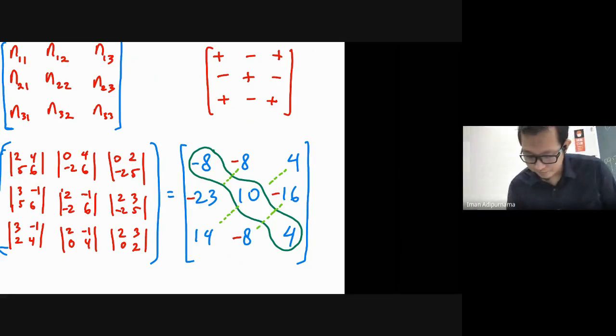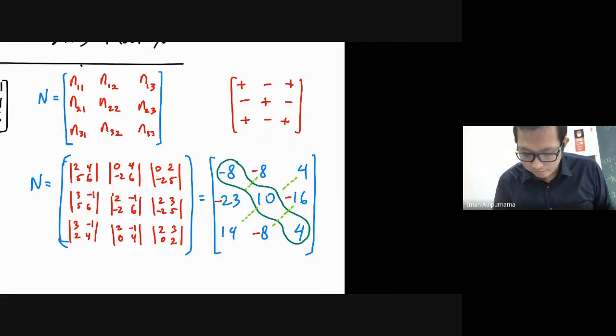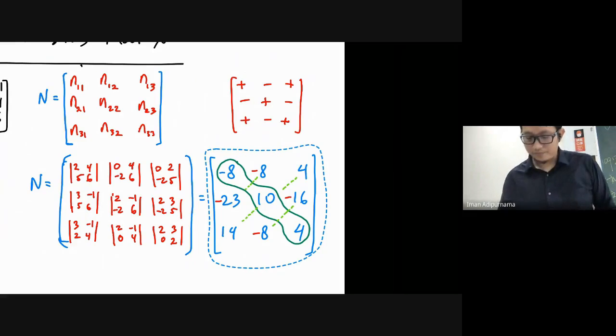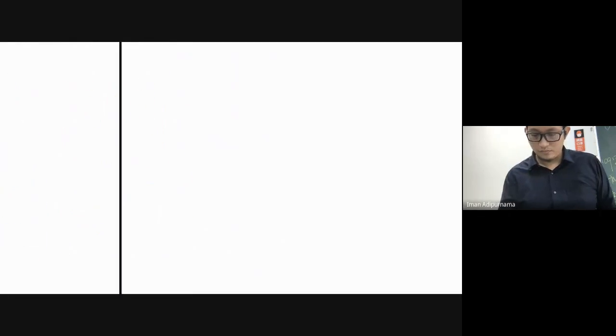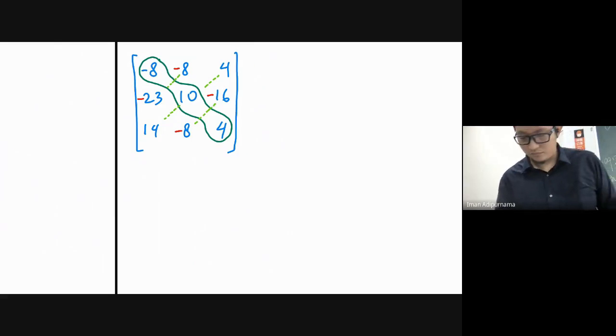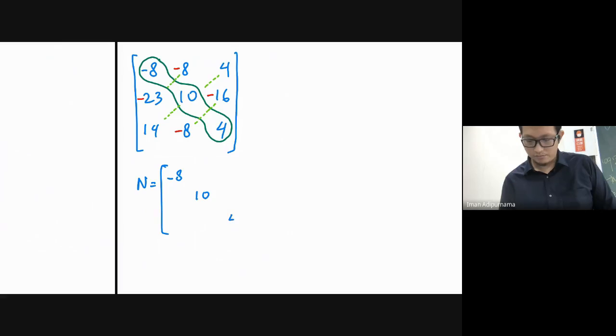Let me move to the next page so we can write with more space. So I will write the diagonal first, because it's still the same.